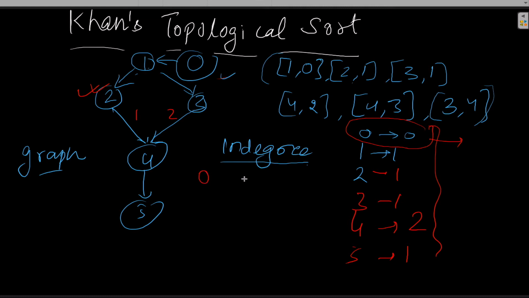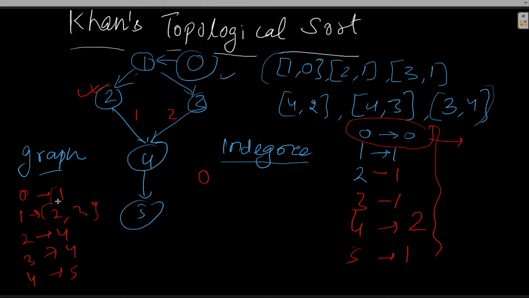So we start from that node, and our graph will be something like this: after 0 you can complete 1, after 1 you can complete 2 and 3, after 2 you can complete 4, after 3 you can complete 4, and after 4 you can complete 5. So this will be the graph that we will be having.